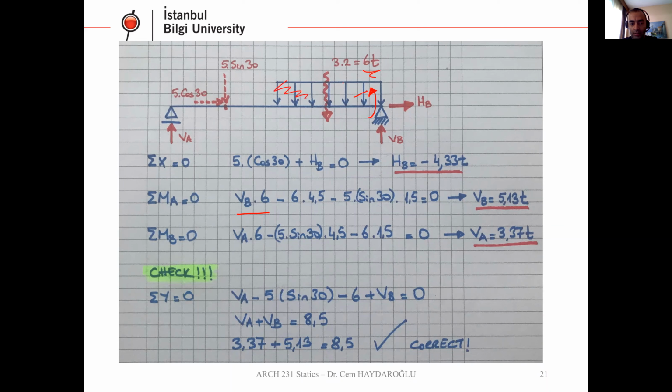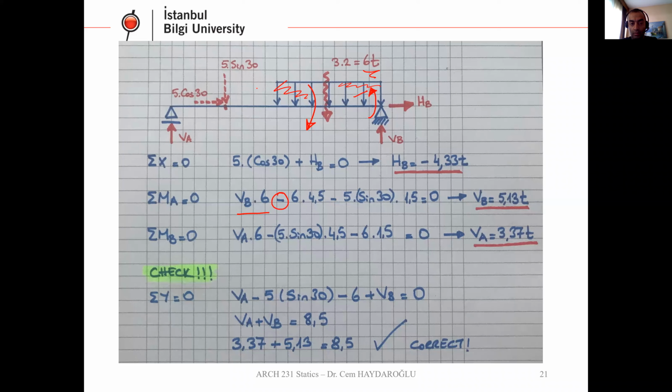I don't need this uniform distributed load. Put on here this concentrated load, and its distance to the point A is 4.5 meter, but it rotates the system in negative direction. That's why here we have negative.